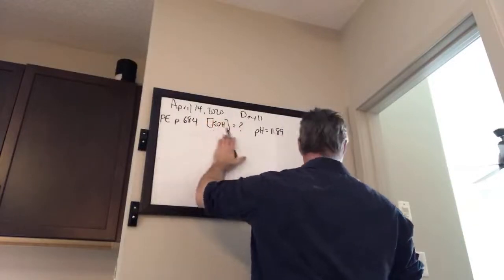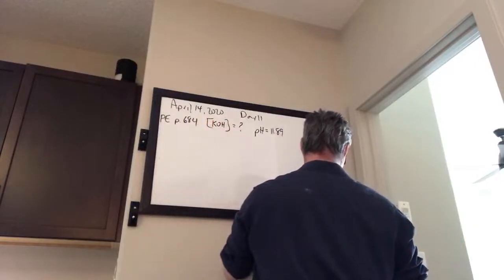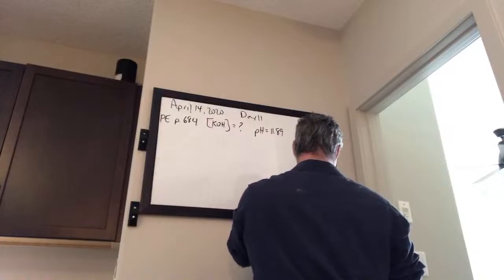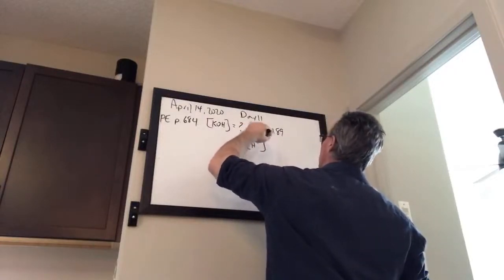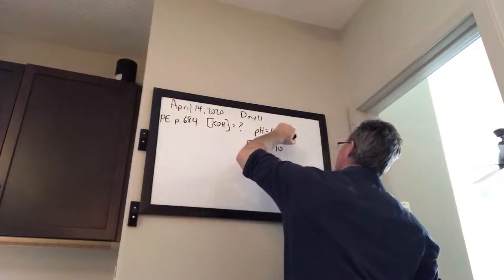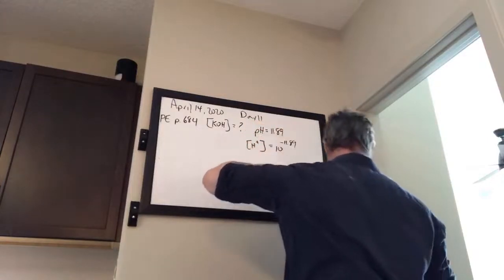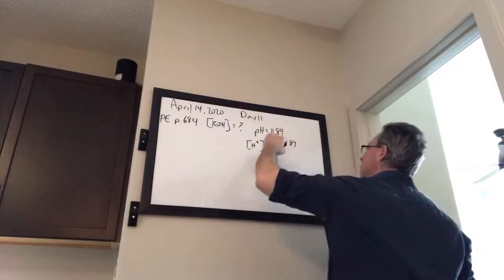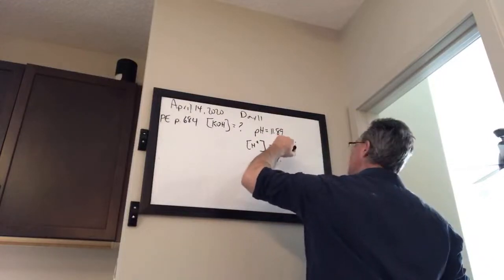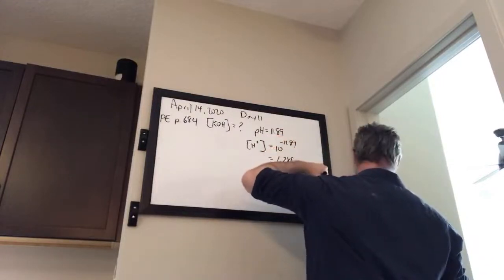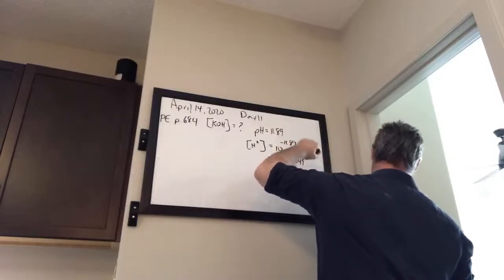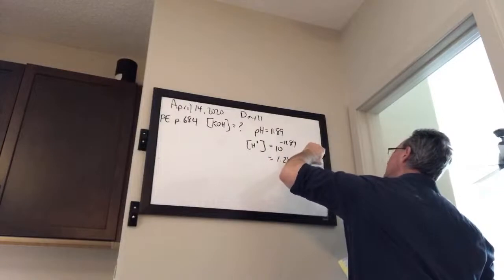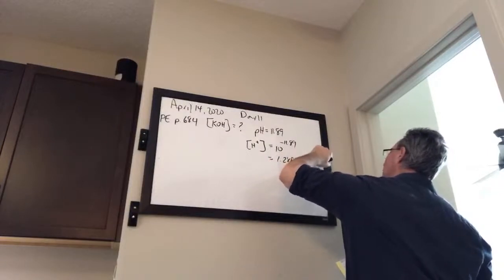Sorry, no you don't, because I need to find the H. The H plus concentration is going to be 10 to the negative 11.89, which gives you 1.28824955 times 10 to the negative 12 molar.